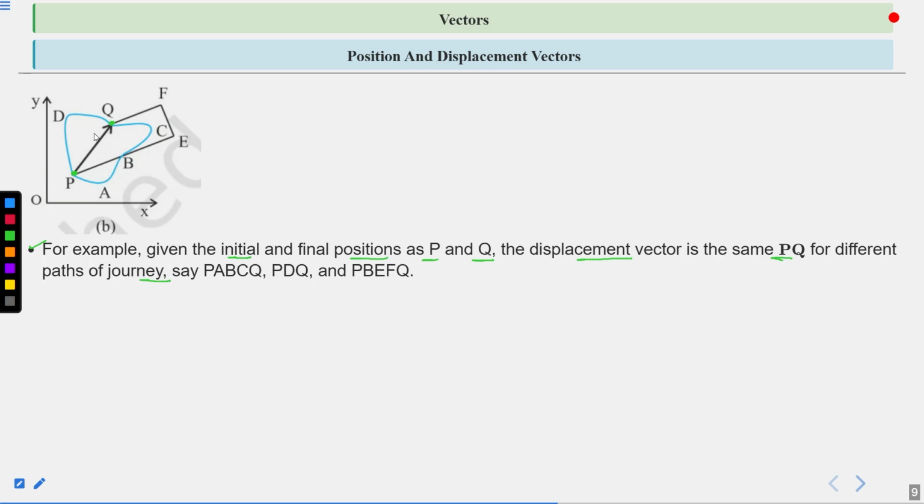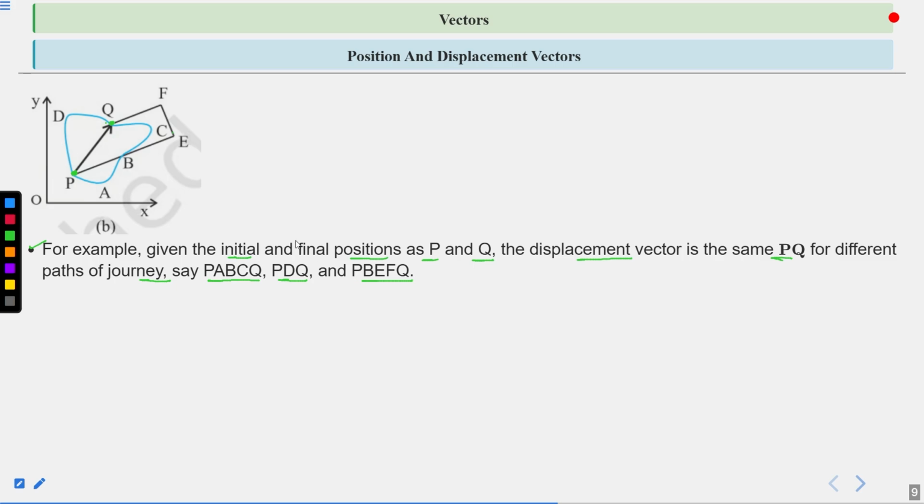Suppose the path of journey is P, A, B, C, Q. Look here, P, A, B, C, Q, and then again P. In that case also, P, D, Q, and P, B, E, F, Q. So in all the paths P, A, B, C, Q, P, D, Q, and P, B, E, F, Q, the displacement is the same.